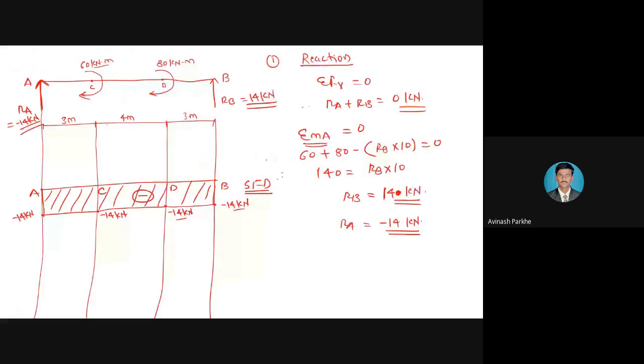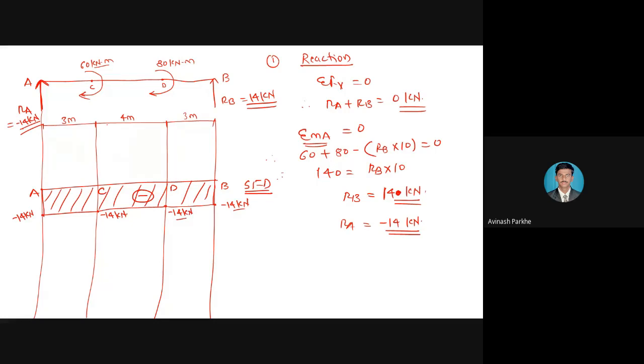Here also we have to apply the without couple and with couple condition. Wherever the point load is there, wherever the reaction is there, at that point, if I am calculating the shear force, I am taking the two conditions: shear force at point A without load and shear force at point A with load. If one more point is present at point B, again shear force at point B without load, shear force at point B with load.